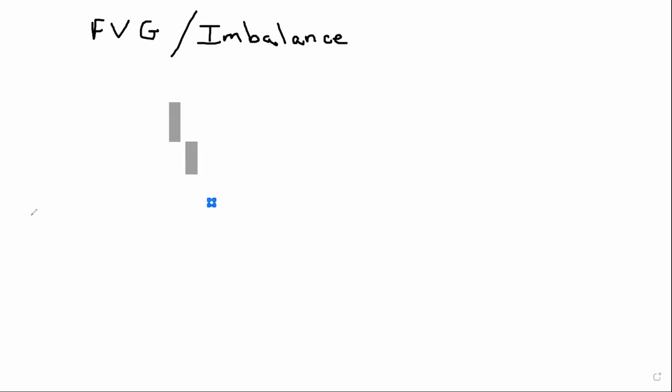The way to see a fair value gap or imbalance is by three candles. You always have to have three candles. All right, so this you have wicks.